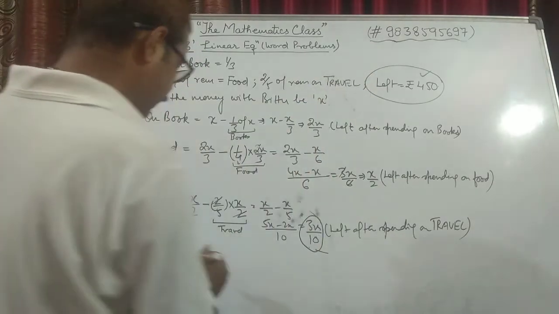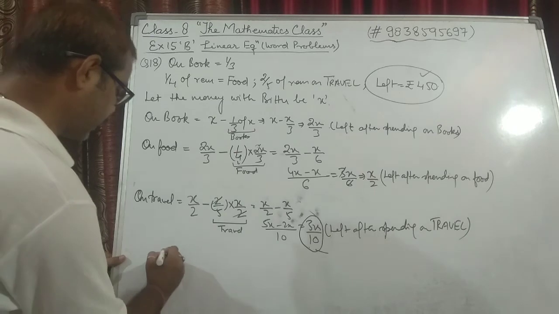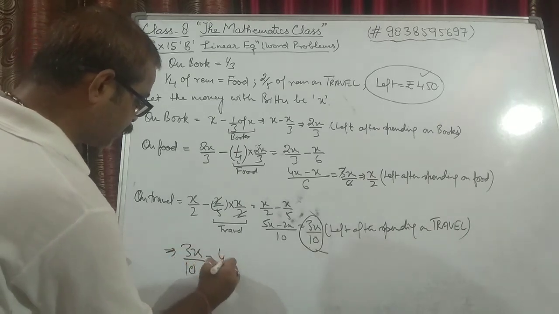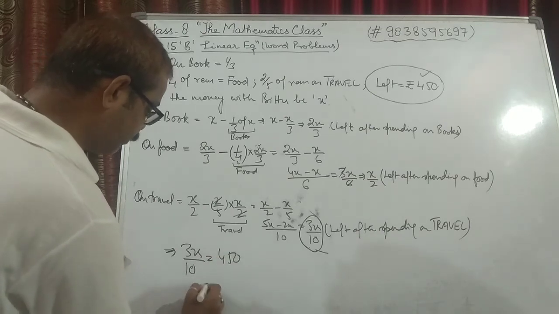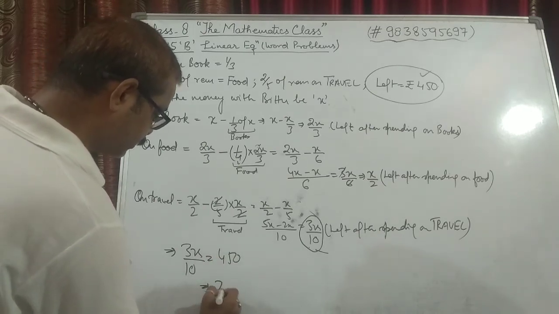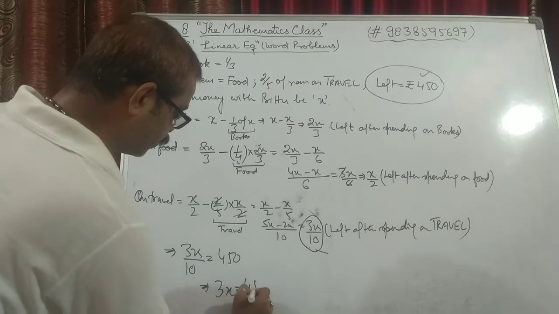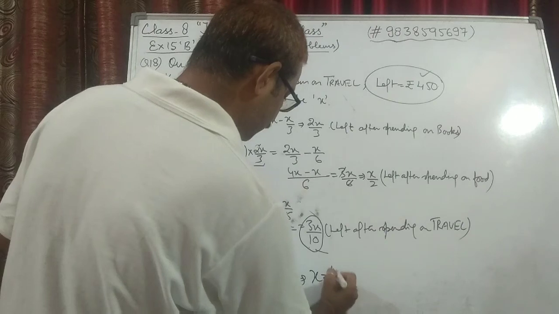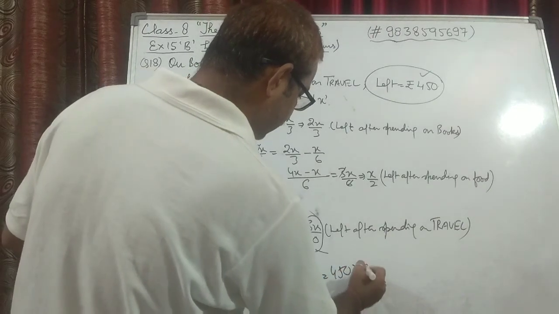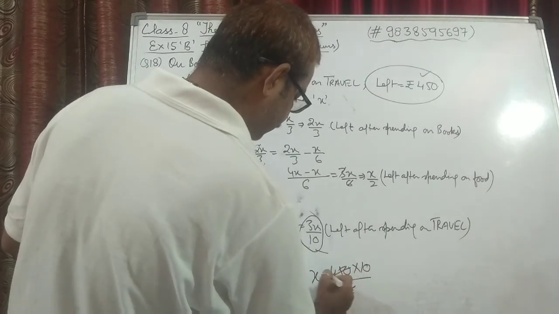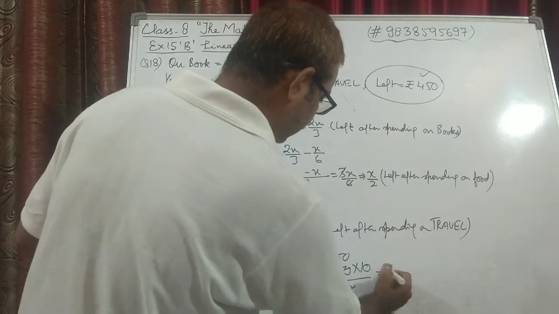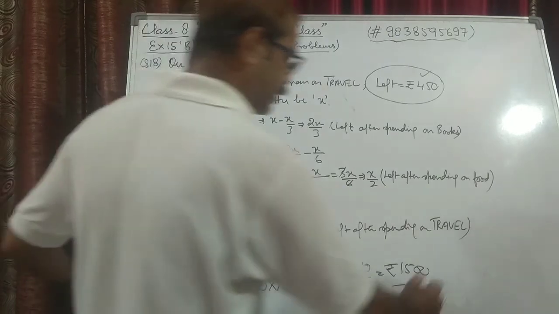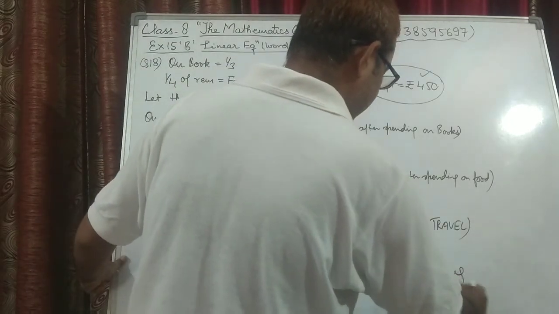So 3x upon 10 is equal to 450, implies that 3x is equal to 450 into 10, implies that x is equal to 450 into 10 upon 3. 3 15s are 45, 150 into 10, that is rupees 1500 he had initially with him.